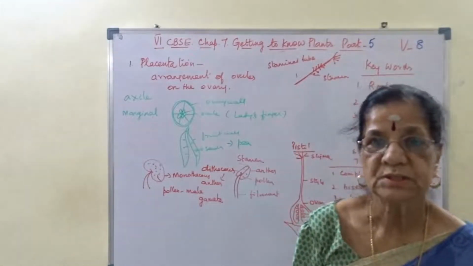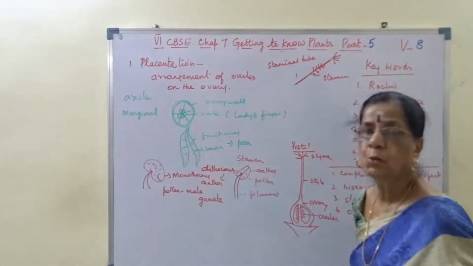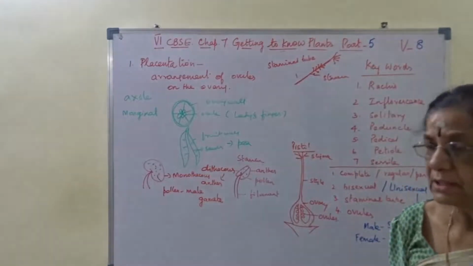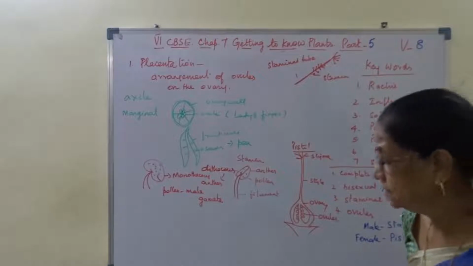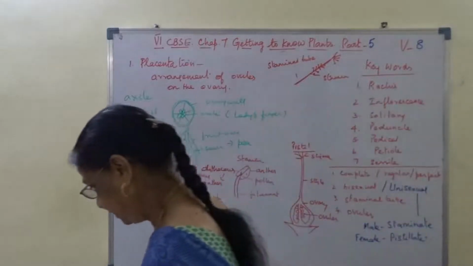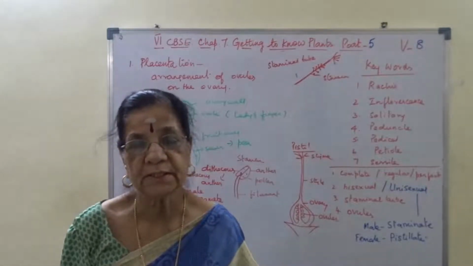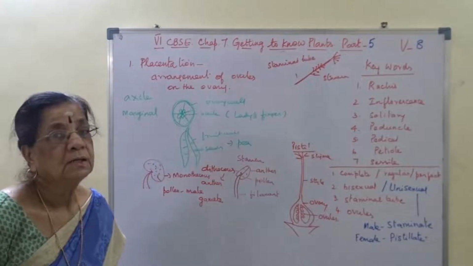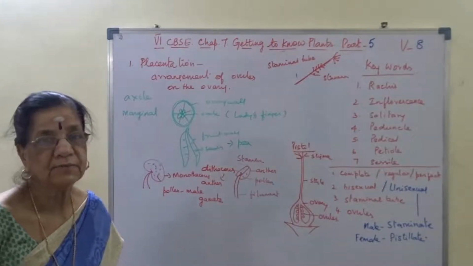I hope you follow this. So this is for the ovary. Now when this ovary becomes mature, the androecium, the stamen which contains the pollen grain, should reach the stigma of the female pistil for further events.